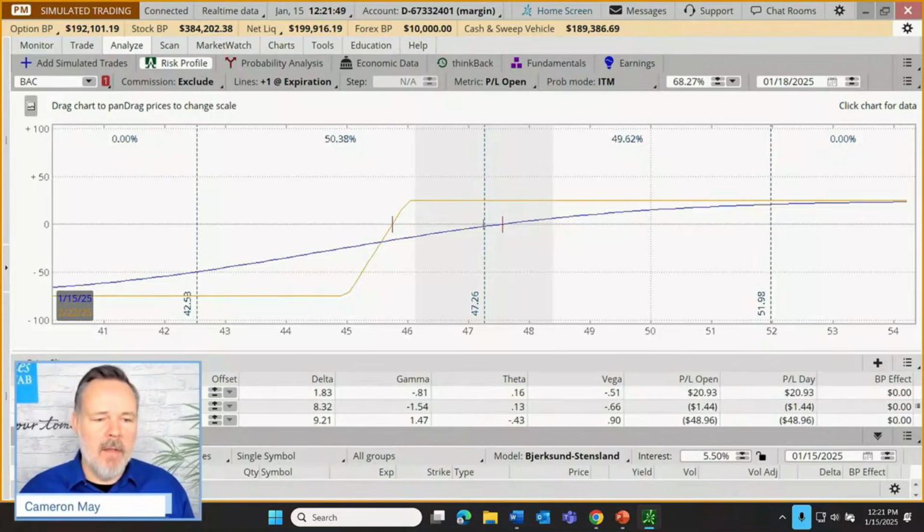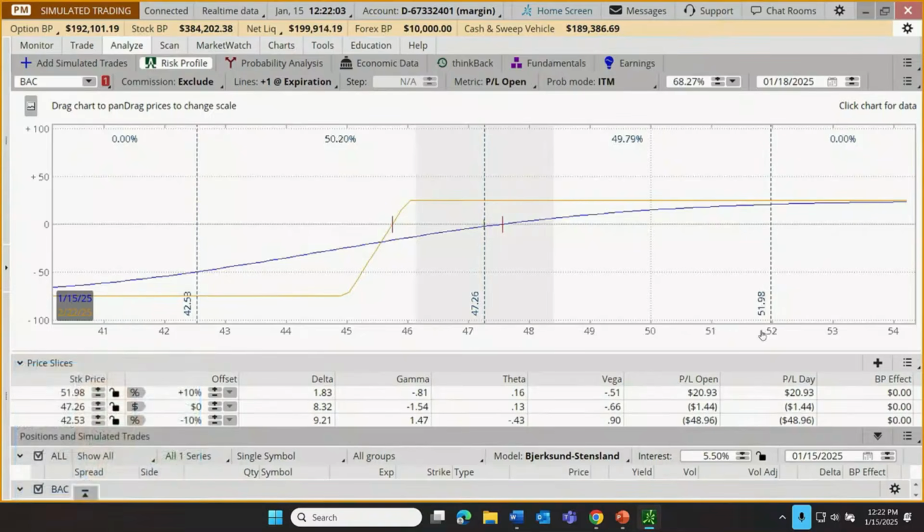It's in the middle. The slice off to the left is at 42.53. That's an assumption that price falls 10%. And the slice off to the right is an assumption that price rises 10%.